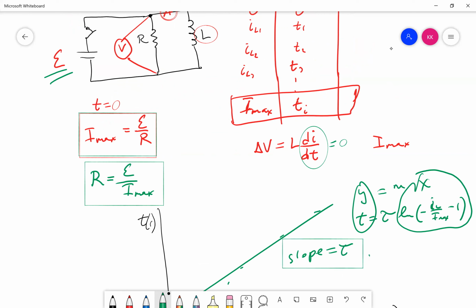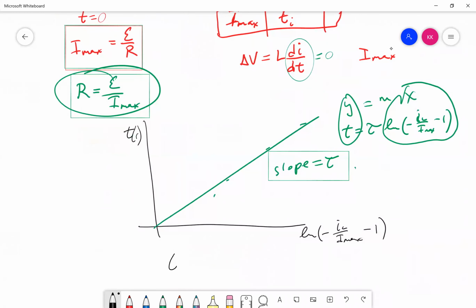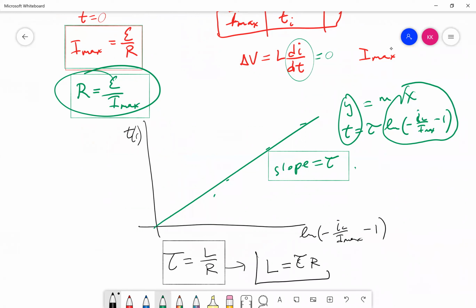Once I have the graph, I find the slope, I have the tau, then using the resistance value, I can relate those two, resistance and the time constant, to this equation where tau equals L over R. That means inductance equals tau times the resistance. And that's my final calculation for the inductor.